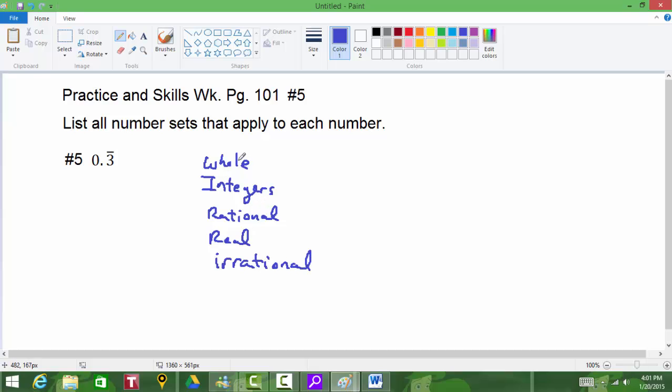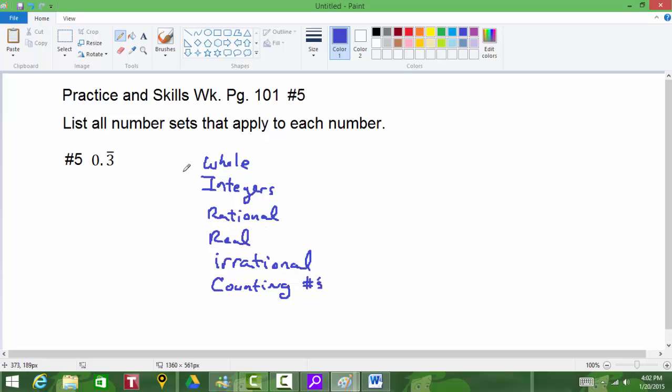And let's see, we've got integers, whole numbers. You could go ahead and say counting numbers. So there's a whole bunch of number sets. There's more of them, but for right now we can just go off those.